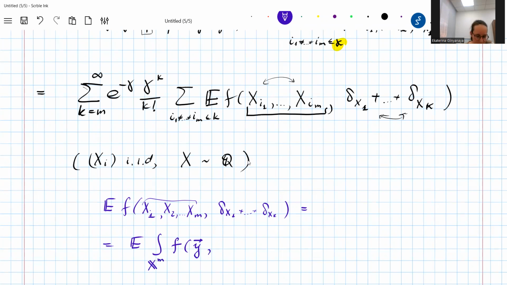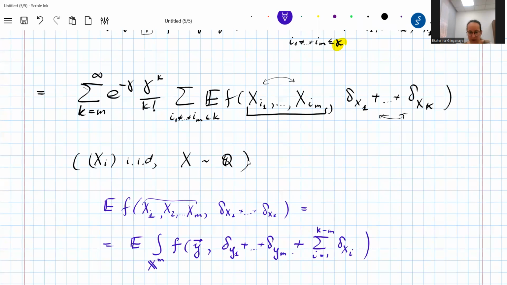And here I just write the first delta measures with indices y_1 to y_m, and the others I leave by themselves, for i from 1 to k minus m, delta x_i.